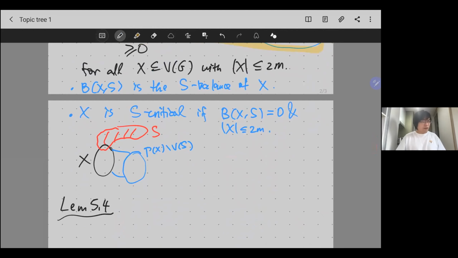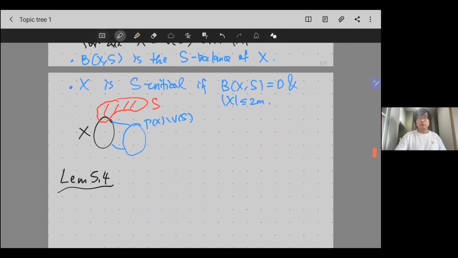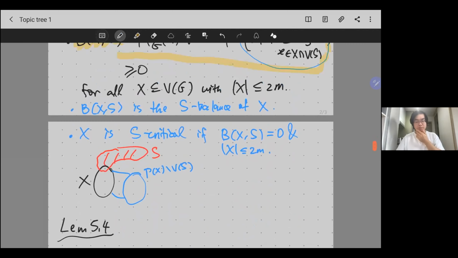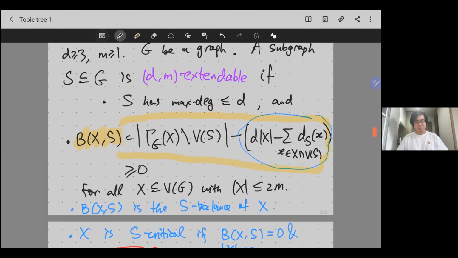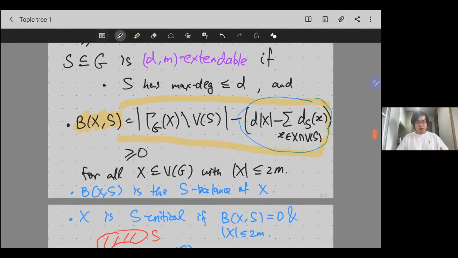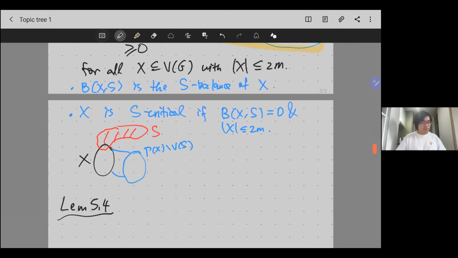So this Lemma 5.4 is the proof we will prove today. A little bit technical, but the idea is quite intuitive. It's basically what I have explained. We try to embed it, while maintaining this nice embedding property. So 5.4, let D, M be natural numbers.